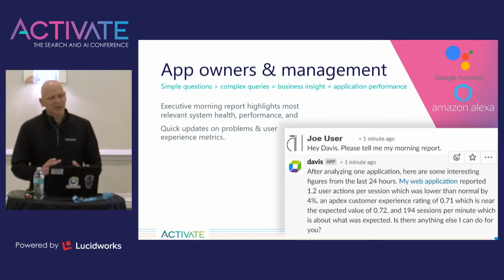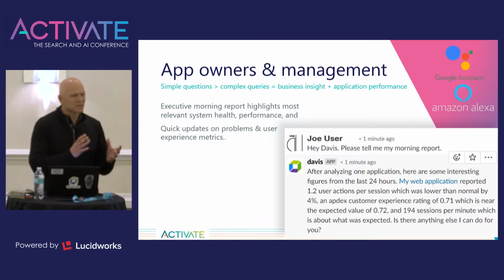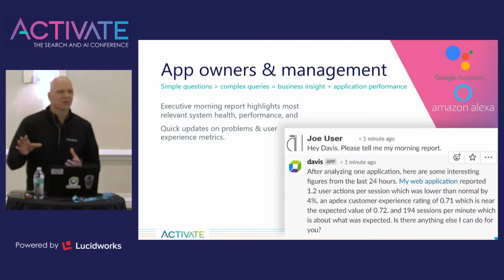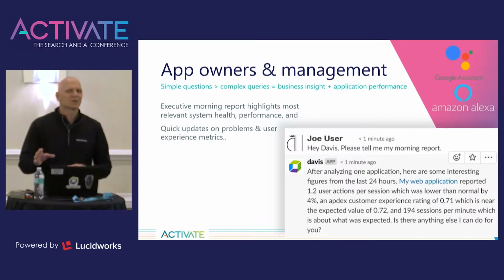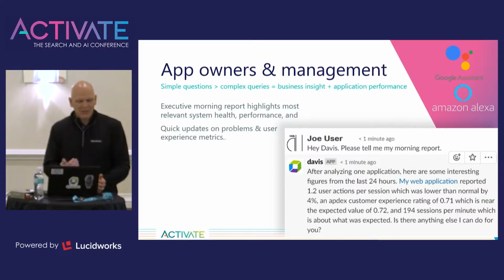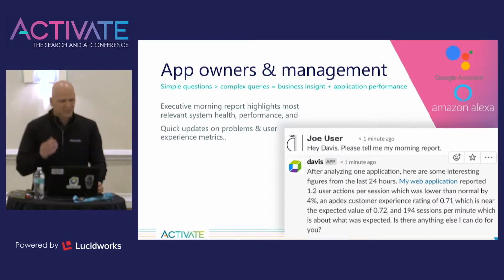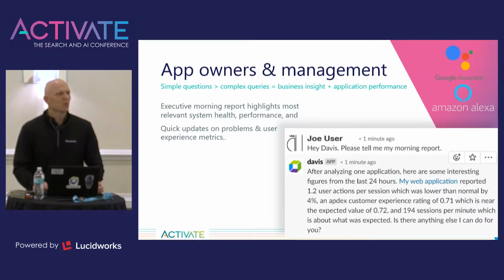So for app owners and management, the approach we took was, how can we bring this closer to them? How can we integrate it into a voice device, a personal device which is accessible, whether you're in your car, in your kitchen, at your desk, or on your phone? How can you ask a simple question such as, hey Davis, tell me my morning report.